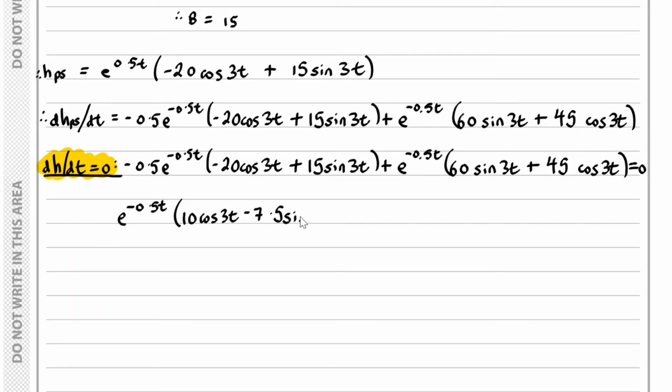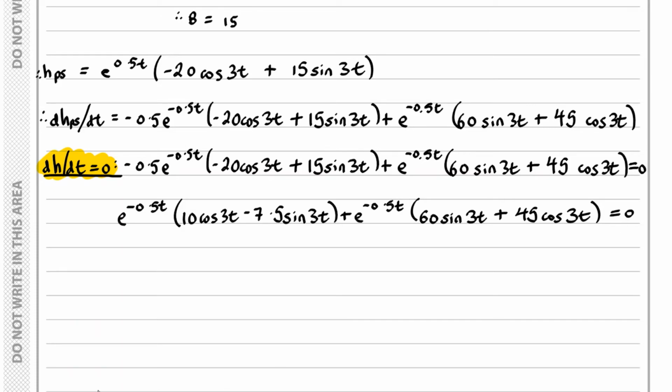So we have minus 7.5 sine 3t. And then we have e to the minus 0.5t, lots of 60 sine 3t plus 45 cos 3t equals 0.